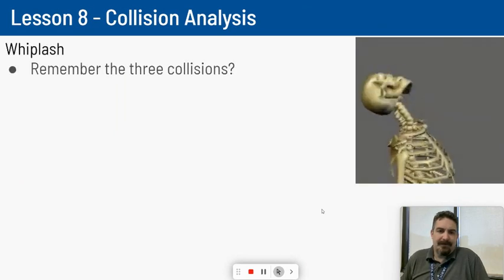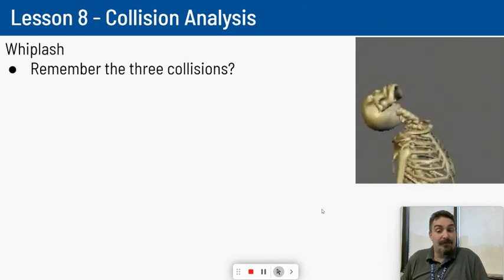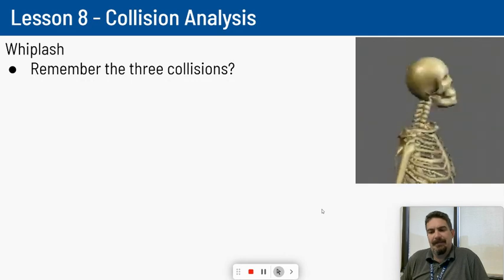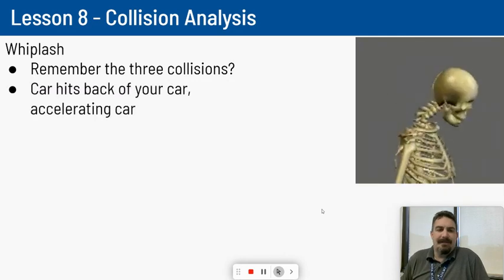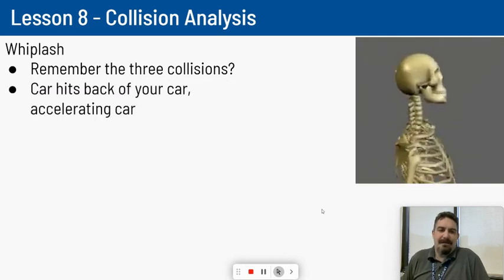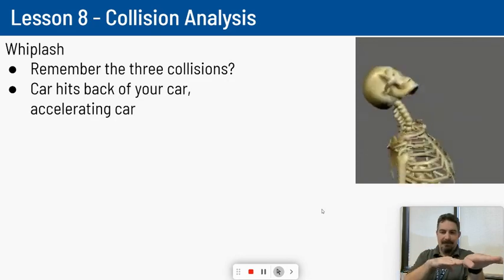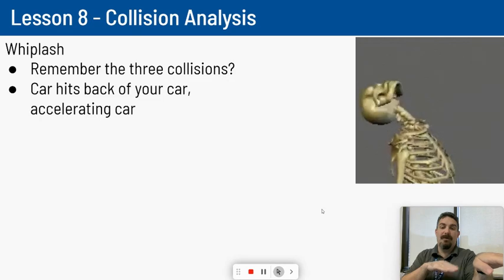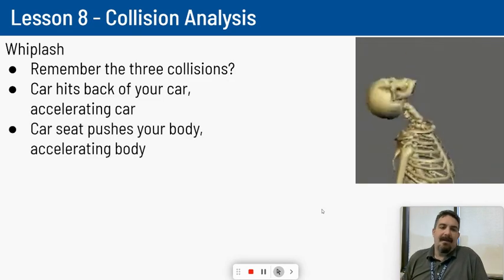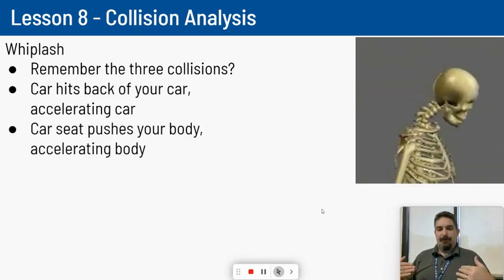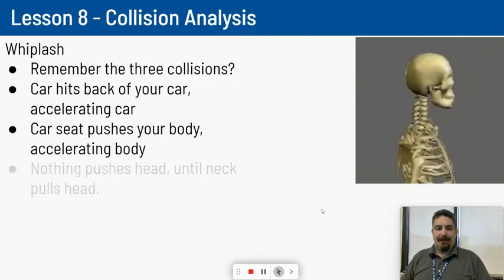Now let's look at whiplash. Remember we talked about those 3 collisions before in one of our first lessons? Here the car hits the back of your car. So some car bumps into you. This accelerates your car a little bit, right? That car seat pushes your body, accelerating your body.